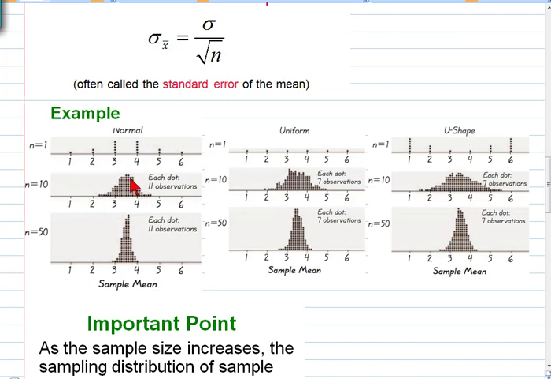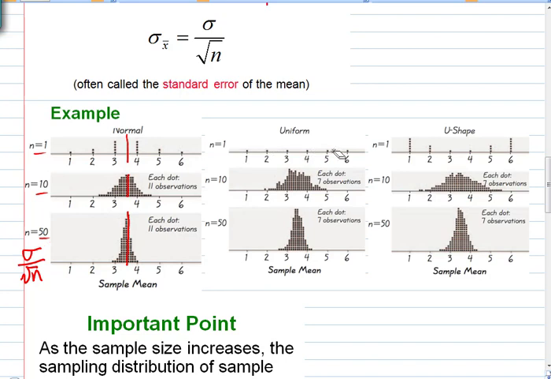As our sample size increases, notice the mean of the original appears to be the same no matter what our sample size is. The mean appears to be the same, but the standard deviation is getting smaller as our sample size increases from 1 to 10 to 50. You can tell that by our distribution shrinking in.